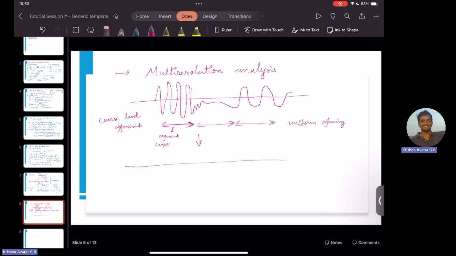requires refinement. And this one will do well even with lower or coarser resolution, which is enough to capture it. And here is some intermediate level of approximation, of course, in a relative sense.